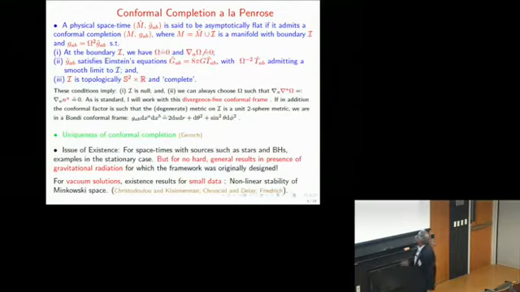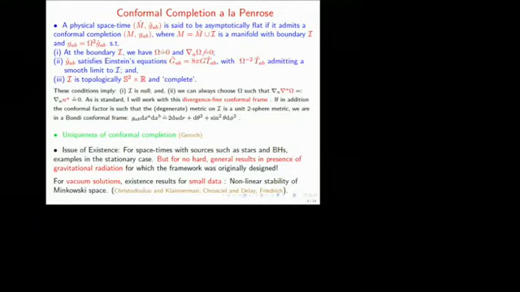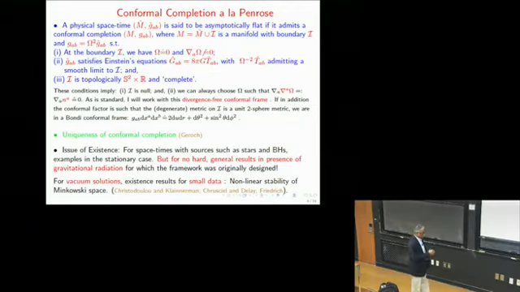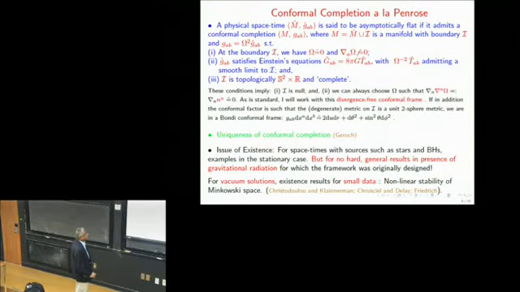So the physical space-time (M tilde, g tilde) is said to be asymptotically flat if it admits a conformal completion, where the manifold M has a boundary, so there's a physical space up here and a boundary up here, where this boundary is a manifold, as a given.